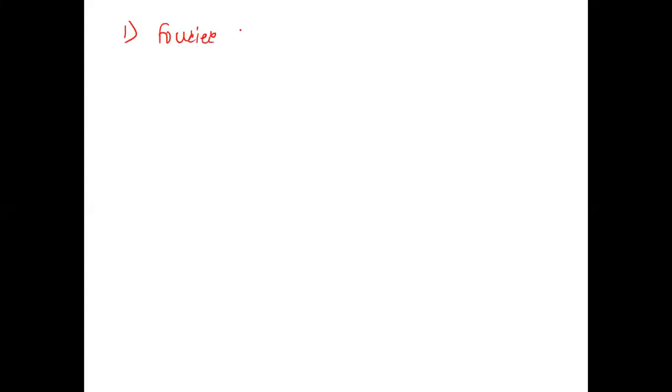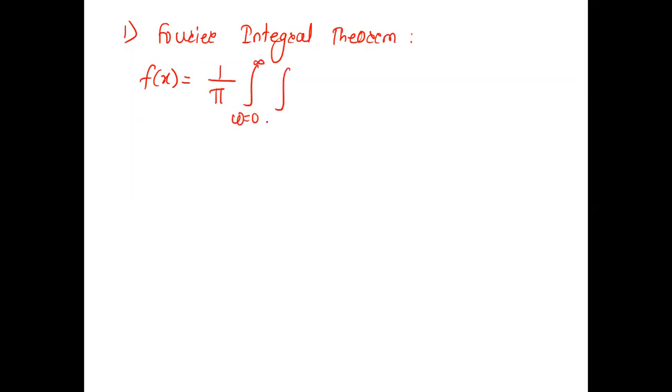Tell me the formula. f of x is 1 upon pi, integration omega from 0 to infinity, s from minus infinity to infinity, f of s into cos omega (s minus x) ds d omega. Correct. And this is the Fourier integral theorem.